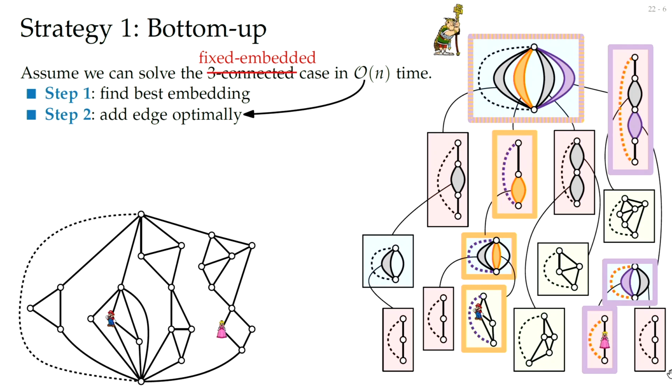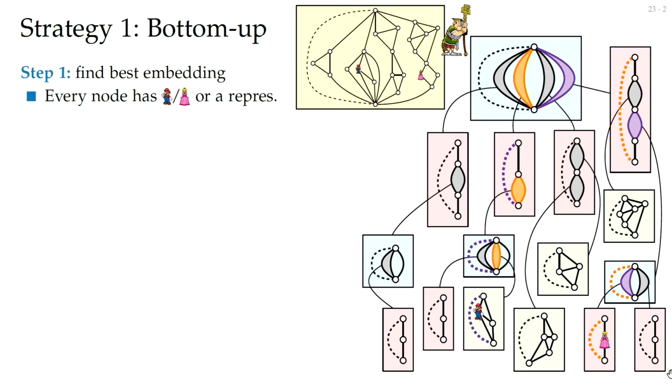So the interesting part is step 1. What is the best embedding and how can we find it? And if we want to find the best embedding, then we have to make sure that for every node here in between, whatever represents Mario is as close to the part that represents Peach as possible. So the best embedding means that we walk along here, and every node here has either Mario or Peach, or something that represents it.